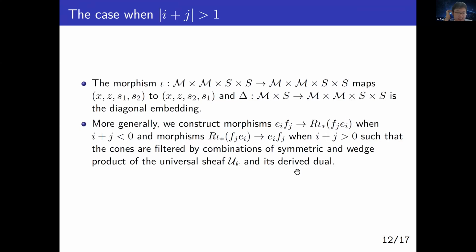The iota is that because this combination could be regarded as some element in the derived category of M times S times S, in this case we can consider the involution over S times S. For example, if we call these two factors S1 and S2, then the involution map just maps S1 times S2 to S2 times S1.